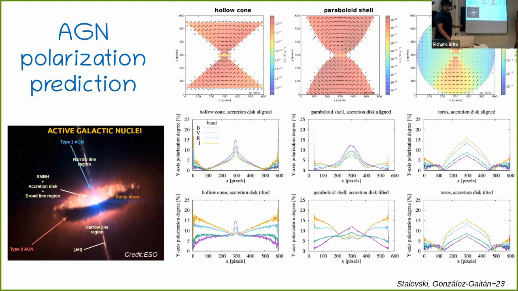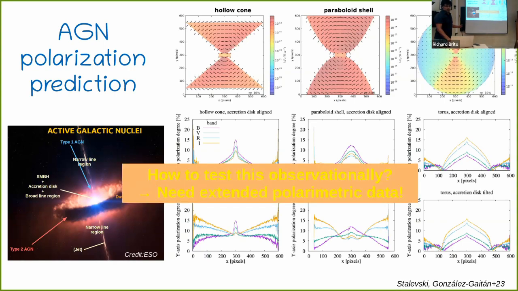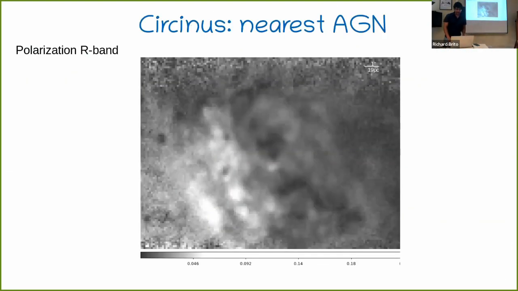So we need data to compare with this model. And so we took extended polarimetric data. Extended means not just a point source; we need to take polarimetry at all of these positions to be able to say something about this. We did this, and this is what we obtained. This is in R band, so a particular wavelength.